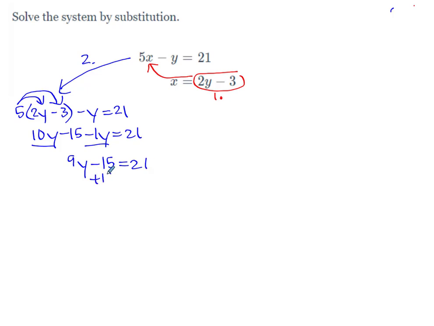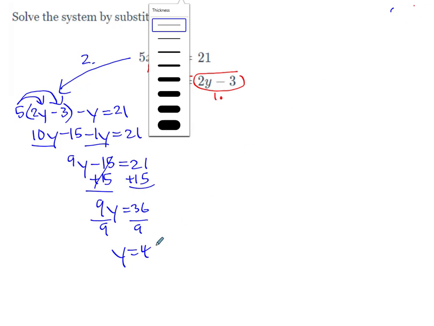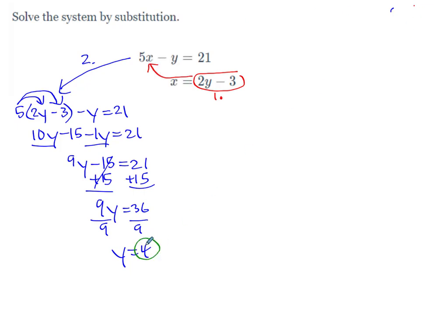Then we'll add 15 on each side. That cancels. 9y is equal to 36. And then we'll divide by 9 on each side. So y is equal to 4. Now that I'm done with step number 2, step number 3 is we're going to take 4 and substitute that into either equation, but clearly this is going to be the easier one because x is already isolated.